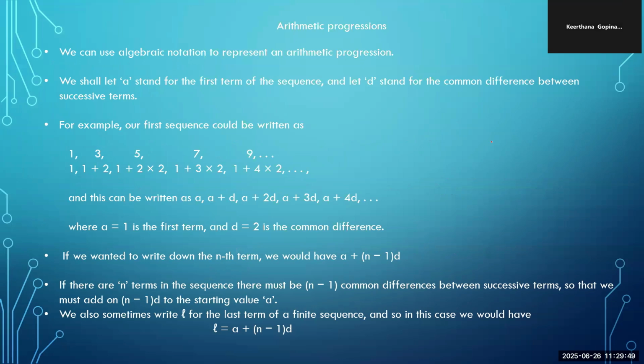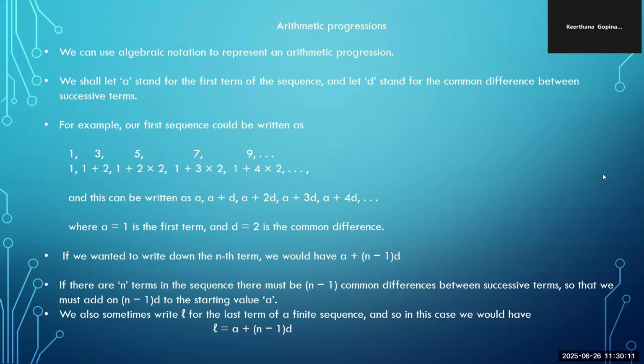Now we can use a formula to represent an arithmetic progression. Problems will not be as simple as the example that we have shown. Problems will be more complicated. So how do we find the difference? For that, we need a formula.